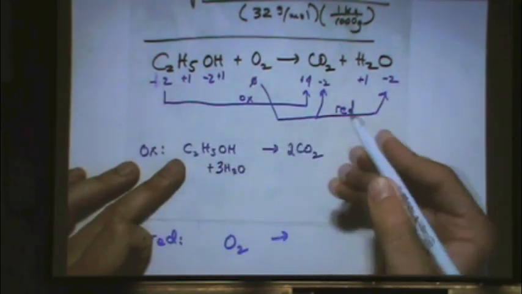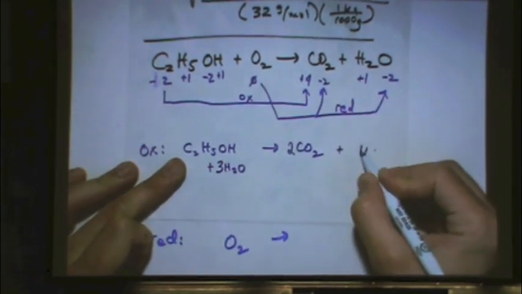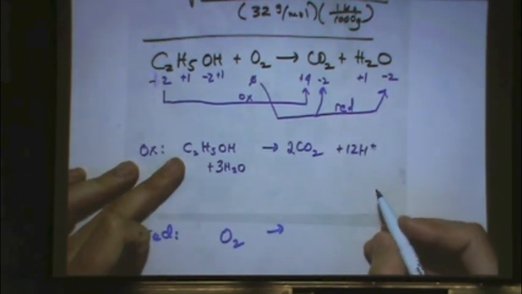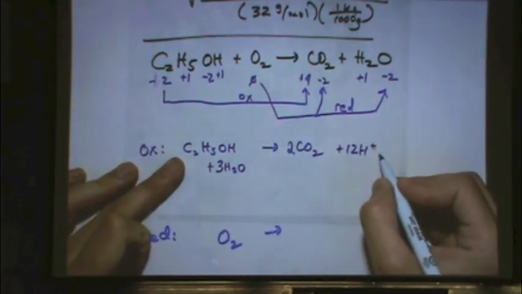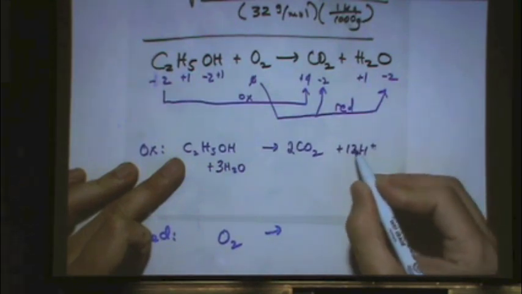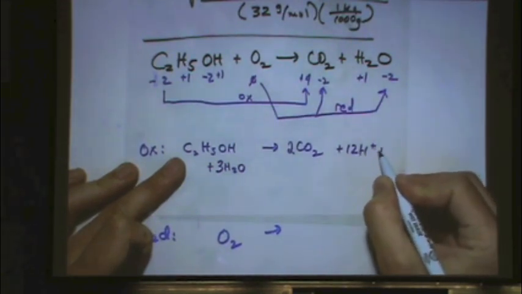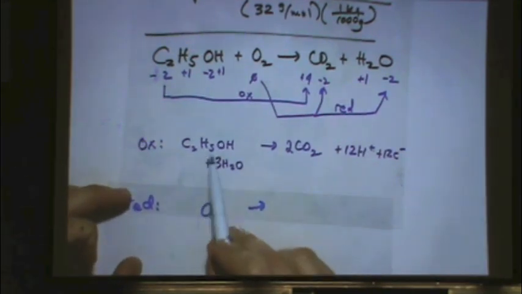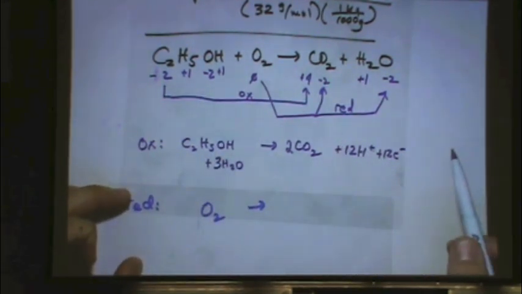There's how many on the left-hand side? 12. So I have 12 H pluses on the right-hand side. Step 4, balance the charge with electrons. So I need 12 electrons. Balance the 0 here, so I need the 0 on the right.